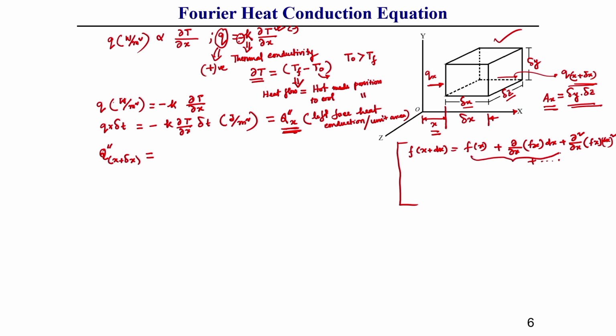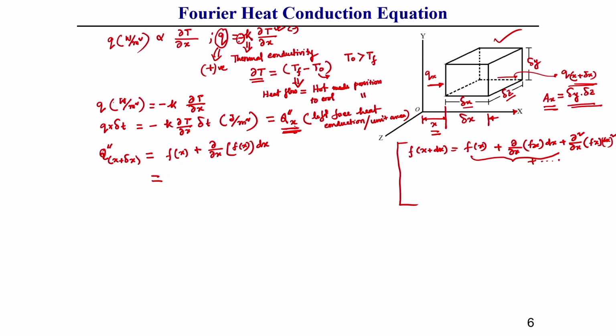So, what should be this q double dot x plus dx? So, q double dot x plus dx you can write as f of x plus del by del x of f of x into dx, only these two terms I am considering. What is f of x here?